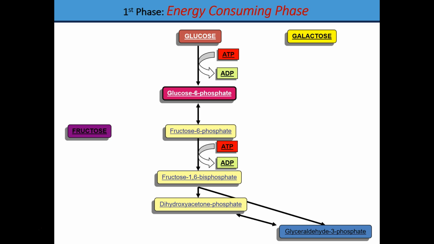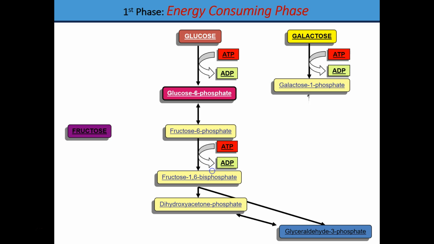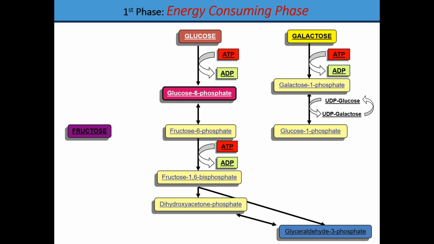Other monosaccharides also follow a very similar pathway to glucose. Galactose is phosphorylated to galactose 6-phosphate by galactose kinase, and galactose 6-phosphate is switched to glucose 1,6-phosphate by UDP glucose from glycogenesis. Further isomerization process produces glucose 6-phosphate.